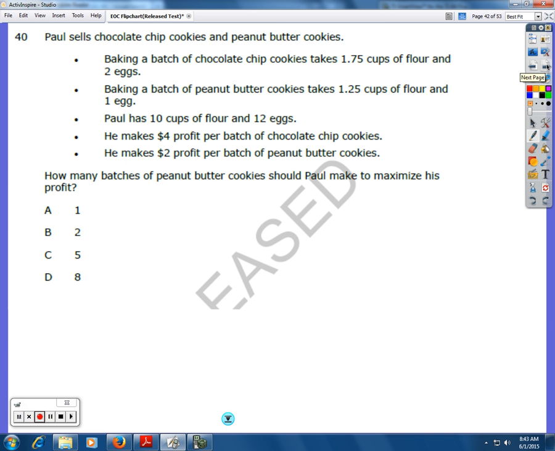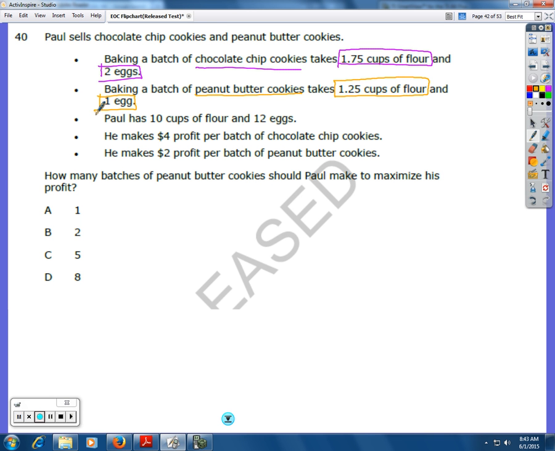All right, number 40. Paul sells chocolate chip cookies and peanut butter cookies. Baking a batch of chocolate chip cookies takes 1.75 cups of flour and 2 eggs. So for chocolate chip cookies, this much flour, this many eggs. For peanut butter cookies, this much flour and just 1 egg.